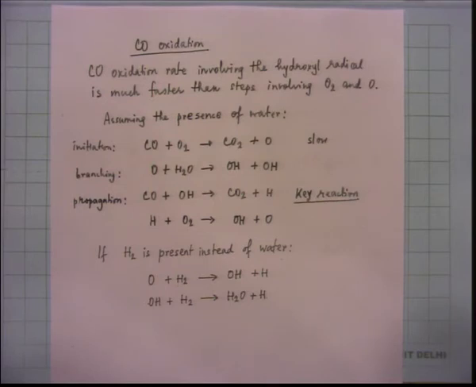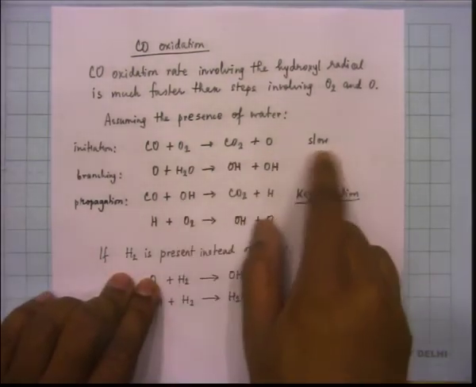CO getting converted to CO2 will be rather slow if CO is asked to react with oxygen or air which does not have any moisture or any hydrogen containing element. Okay, if it is just oxygen without any moisture, or maybe just air without any moisture, very dry, then the CO plus O2 will give you CO2 plus O, but this is slow.